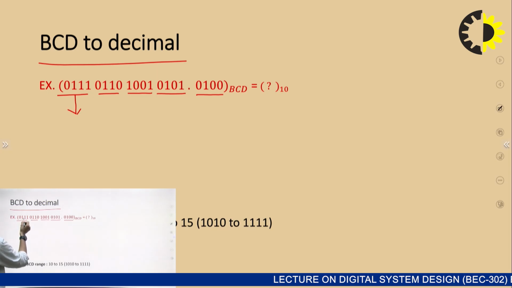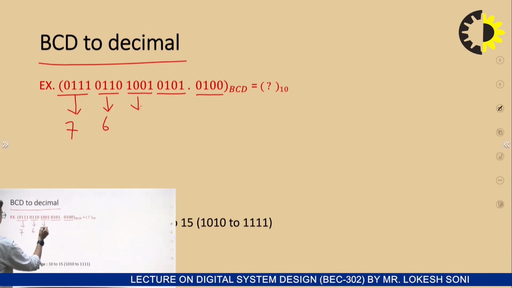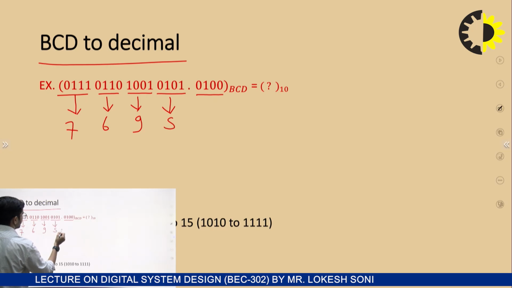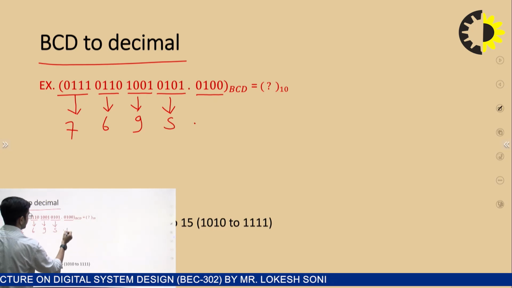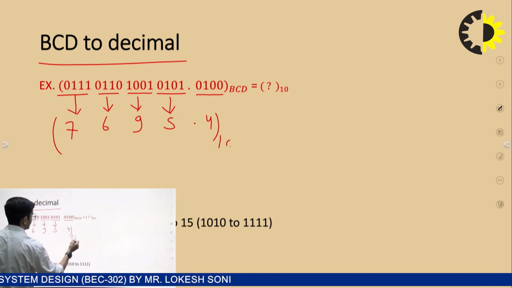Like 0111 is represented by 7, 0110 by 6, 1001 by 9, 0101 by 5, and 0100 by 4. So this is our equivalent decimal representation of the BCD.